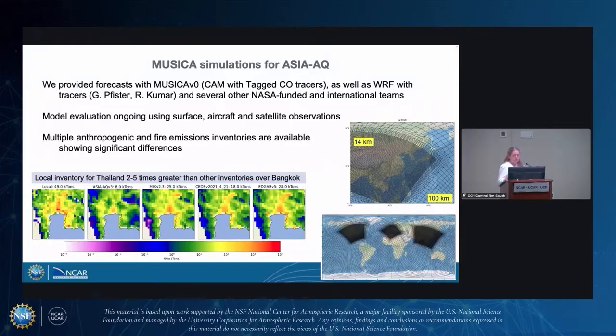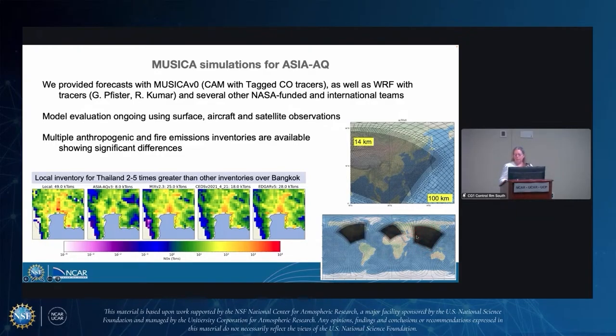For my work, I've been looking at Musica for this period, and I created a grid with fine resolution over each of the continents in the Northern Hemisphere, and I have a couple different versions of the grid just over Asia.